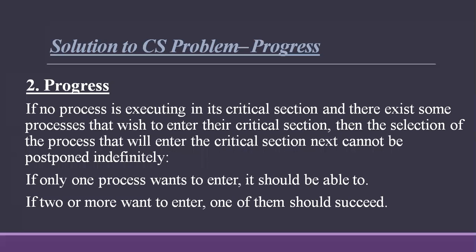In progress, if no process is executing in its critical section and there exist some processes that wish to enter their critical section, then the selection of the process that will enter the critical section next cannot be postponed. If only one process wants to enter, it should be able to. If two or more processes want to enter, one of them should succeed.